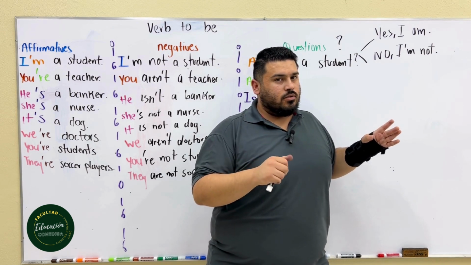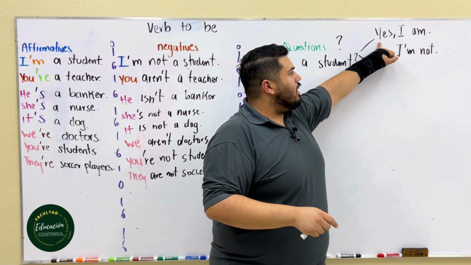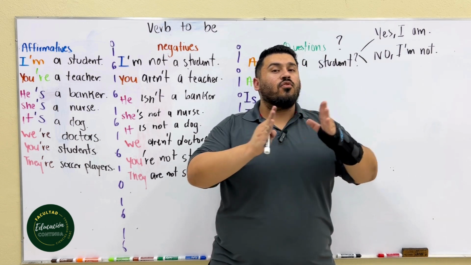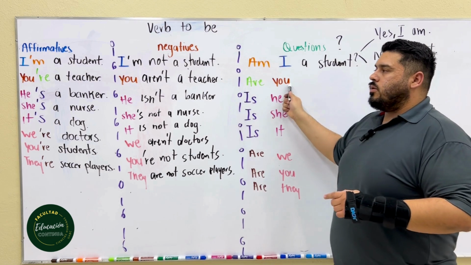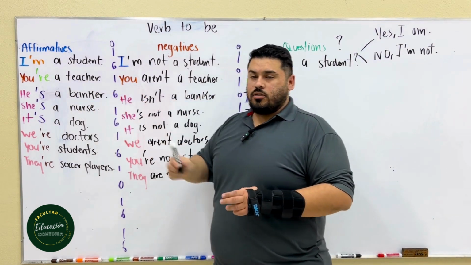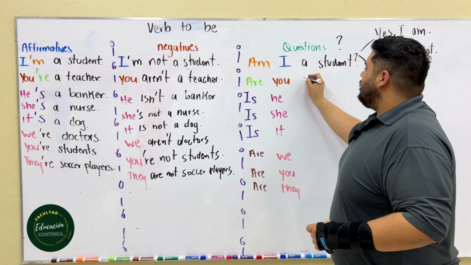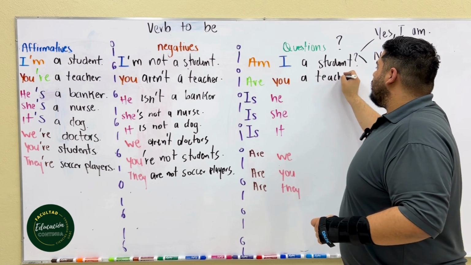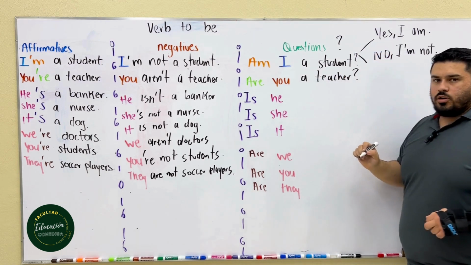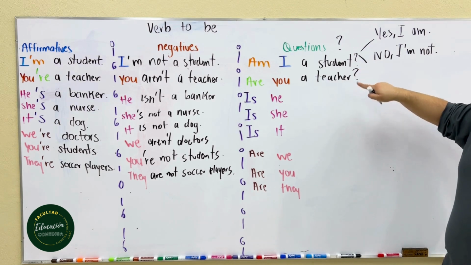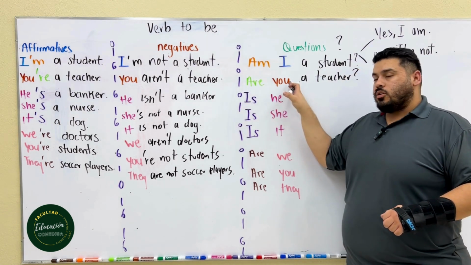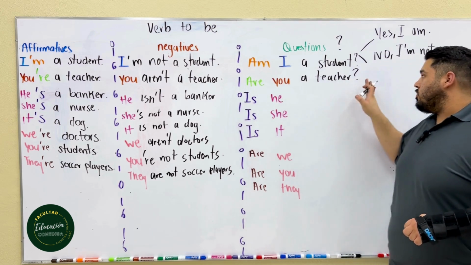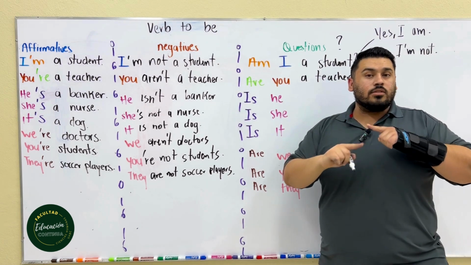It's not correct. Okay? Not possible. Yes, I am. You have to say the full form. It's okay? So we're going to continue. Are you a teacher? That's all. And your question mark. Don't forget your question mark. Even though you start the sentence with this structure, but if you don't write the question mark, it's not a question. It's going to be wrong.